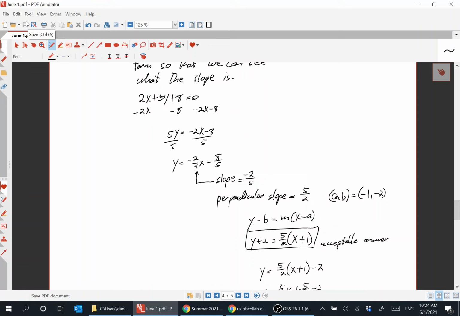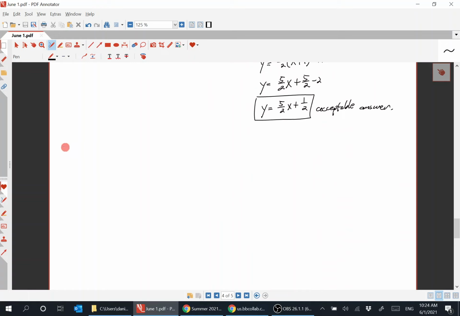Let's do 51. So in 51, which is like 52, which is the one to hand in, sketch the line with slope 3/2 that passes through the point (-2, 1).